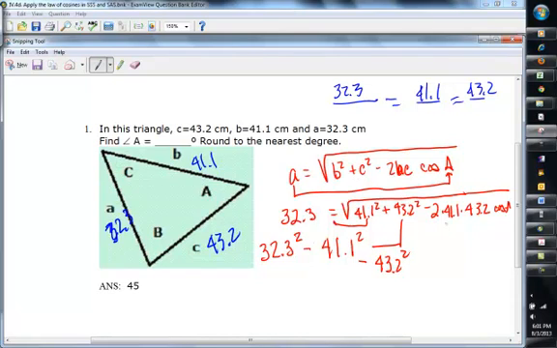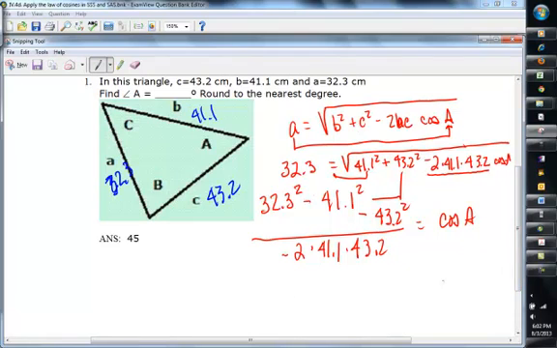And then this part here is all going to be in the denominator, so it's going to be divided by negative 2 times 41.1 times 43.2. That will be the cosine of A. So if we take the cosine negative 1 of all of this stuff, we will get what A is.